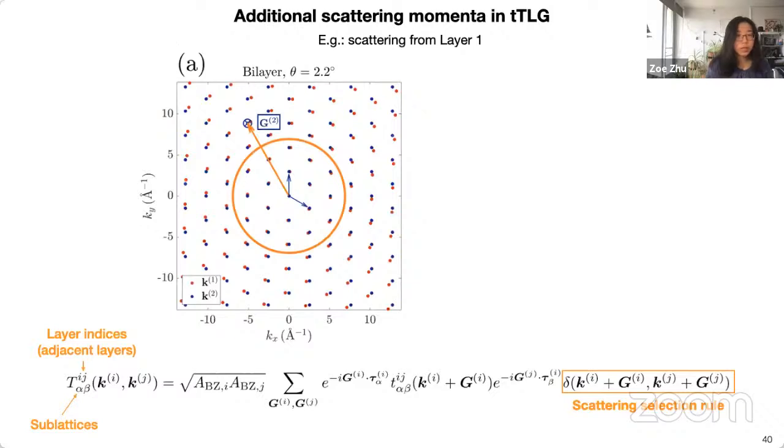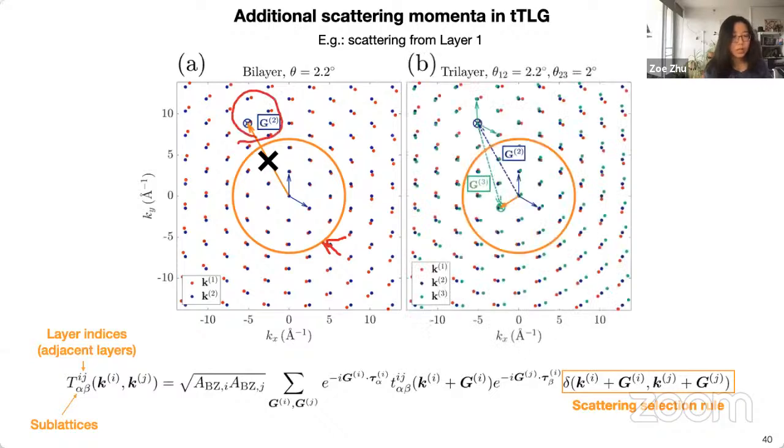So if this is the case, how do we perform a cutoff? Well, in the bilayer case, for example, if we start from layer 1 at the origin, we can scatter by a reciprocal lattice vector of layer 2. Say we want to perform a cutoff with this orange circle; that means we can throw out everything outside of the circle, and so this point right here can be discarded.